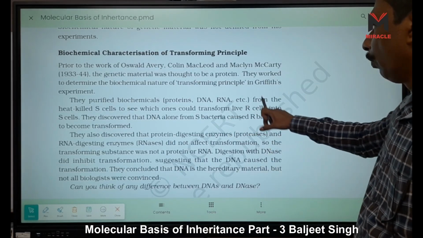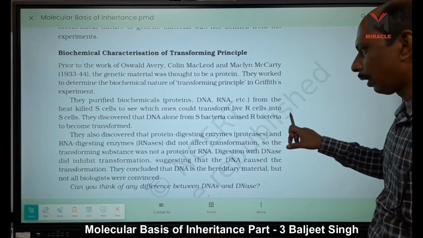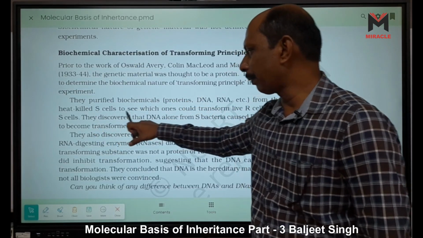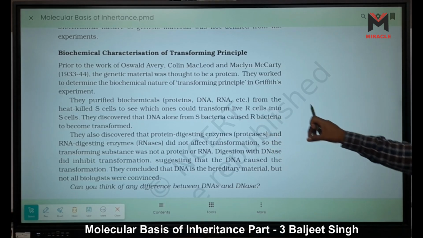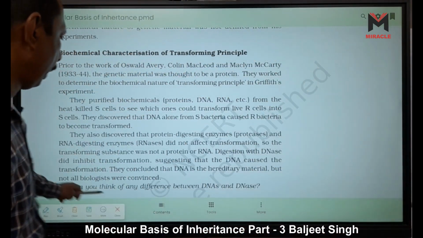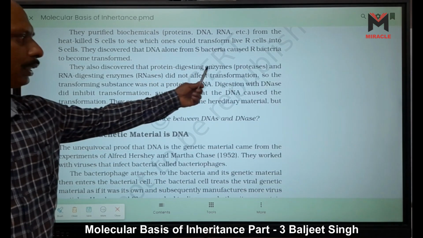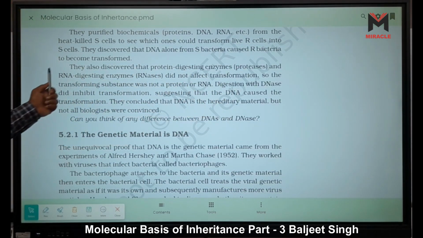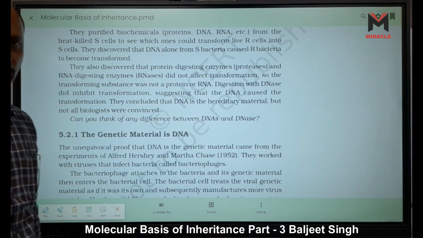Okay, from the heat-killed S cells, to see which one could transform live R into the S cell, they discovered that DNA alone from S bacteria caused R bacteria to become transformed, right? They also discovered that protein-digesting enzyme, that is proteases, and RNA-digesting enzyme, RNases, did not affect transformation.